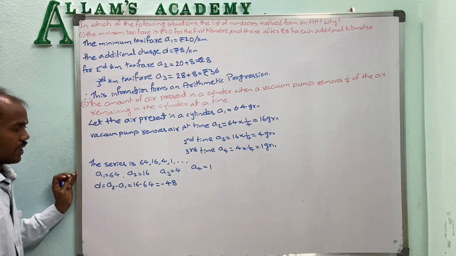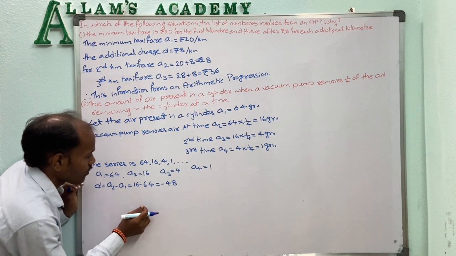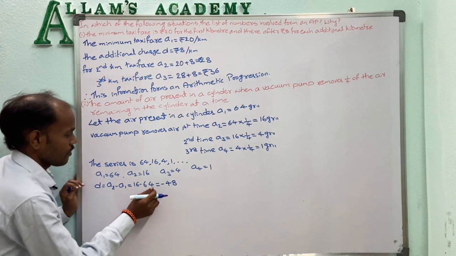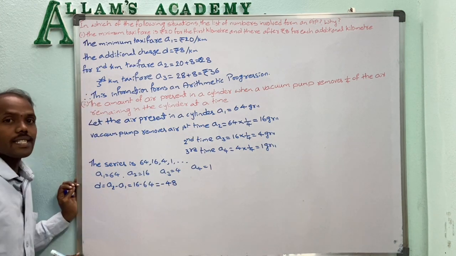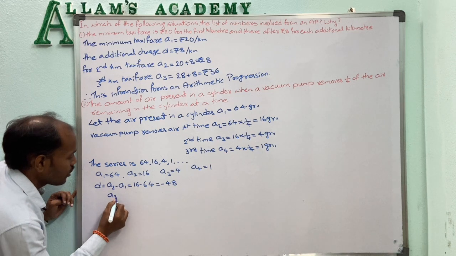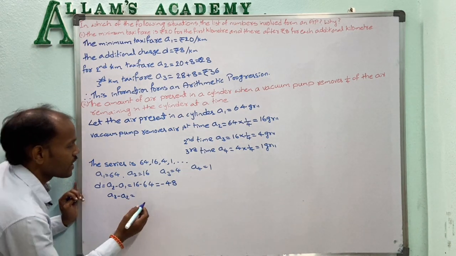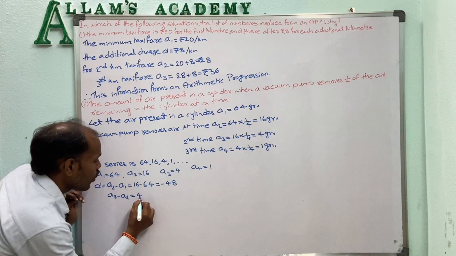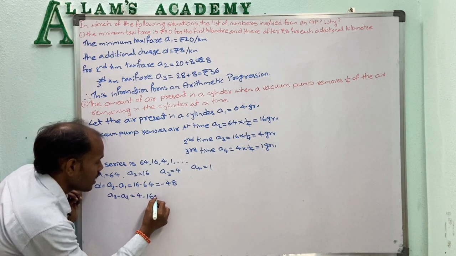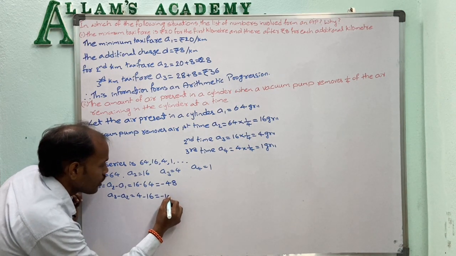Now if we check the next two subsequent terms' difference, A3 minus A2, that is 4 minus 16. 4 minus 16 is minus 12.